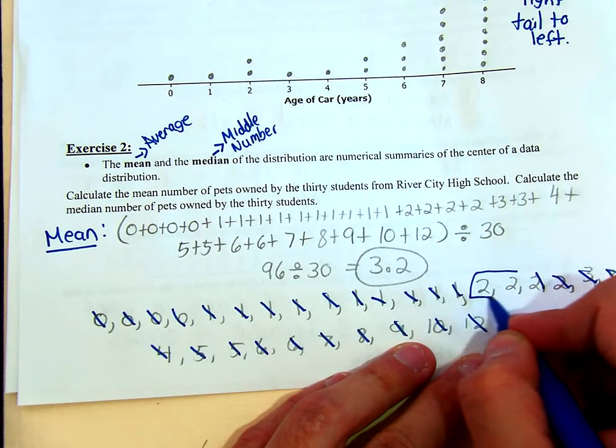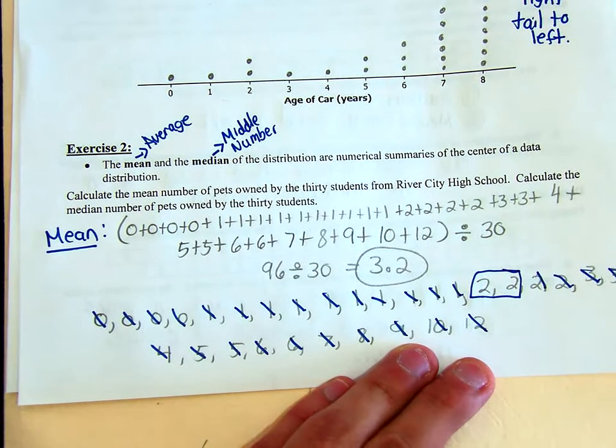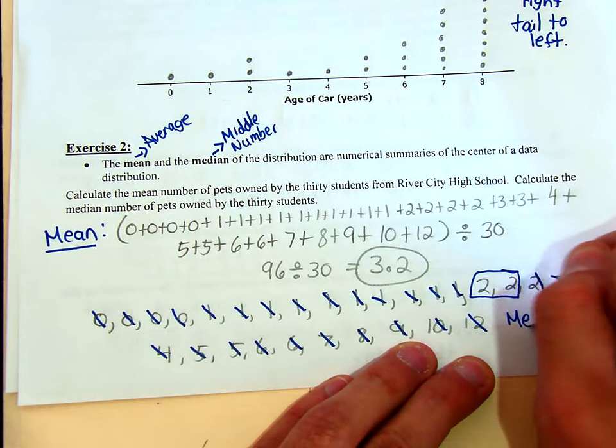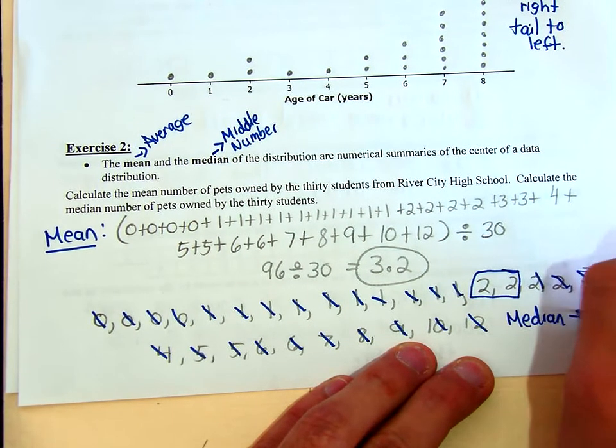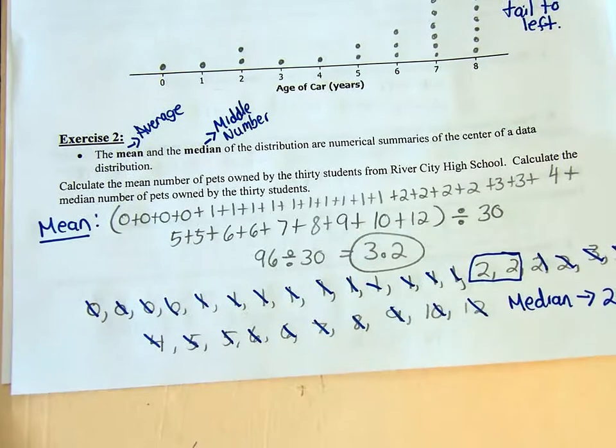And if we look, the two middle numbers are going to be 2 and 2. So that means that our median has to be 2.